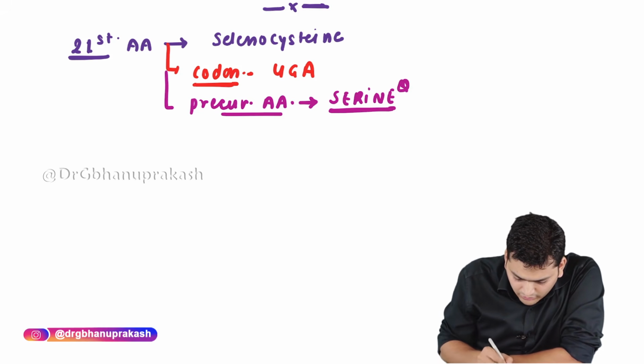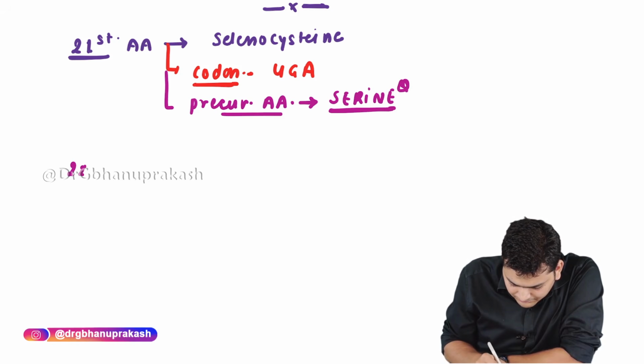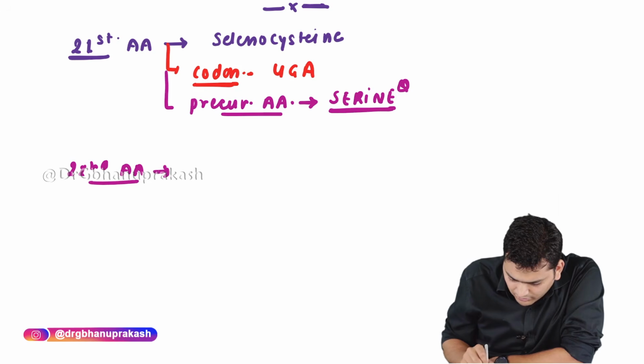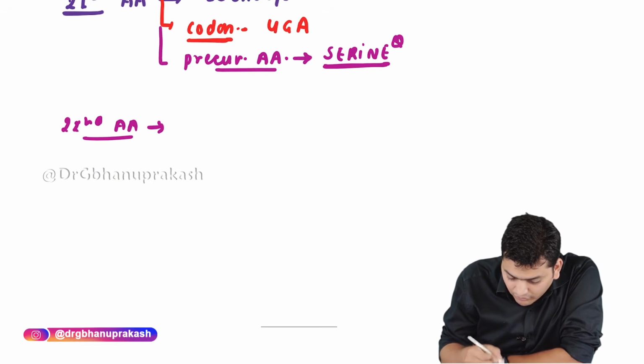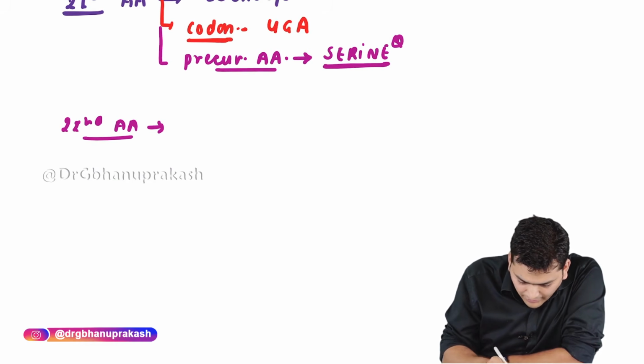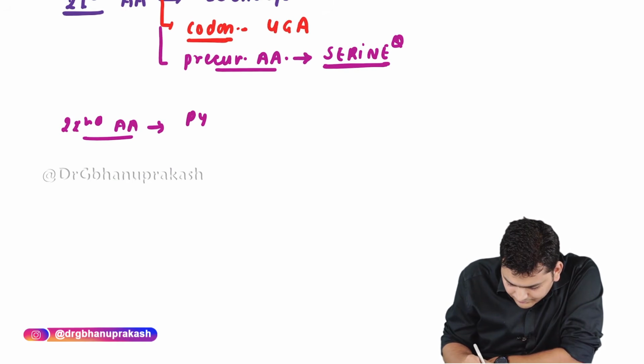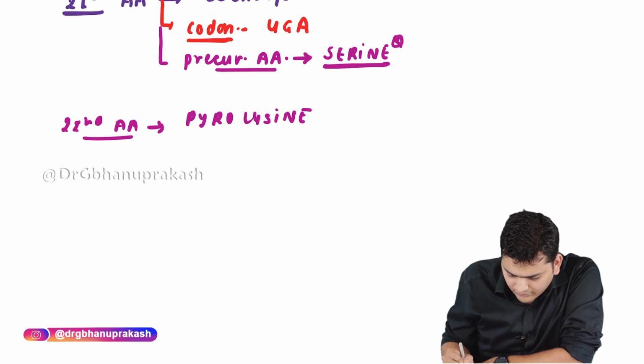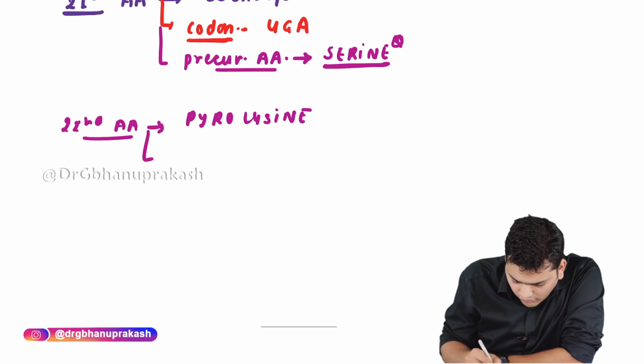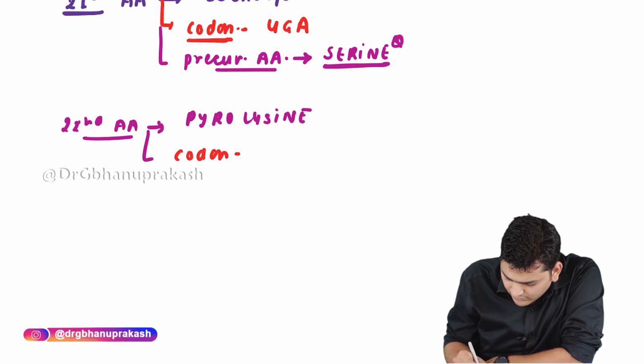When it comes to the 22nd amino acid, the name of the 22nd amino acid is pyrrolysine. The codon for pyrrolysine is UAG.